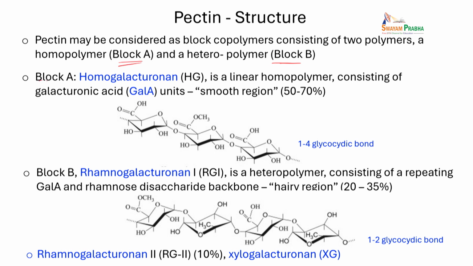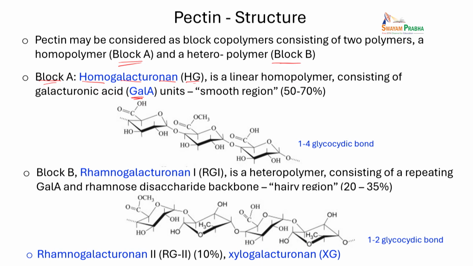This block A is called homogalacturonan. In short, we say HG, homogalacturonan. It is a linear homopolymer and it consists of galacturonic acid. The galacturonic acid is represented as Gal A. Okay, and so in the entire pectin, you have a certain region which is made up of block A, right?